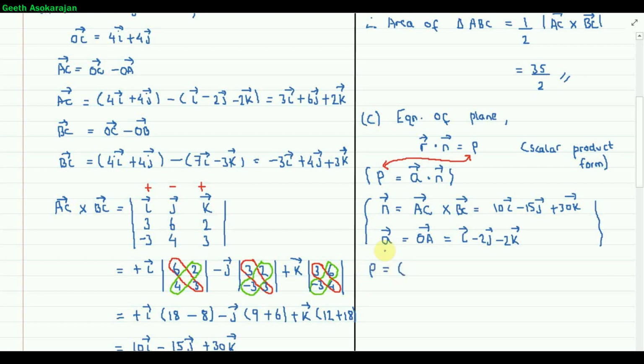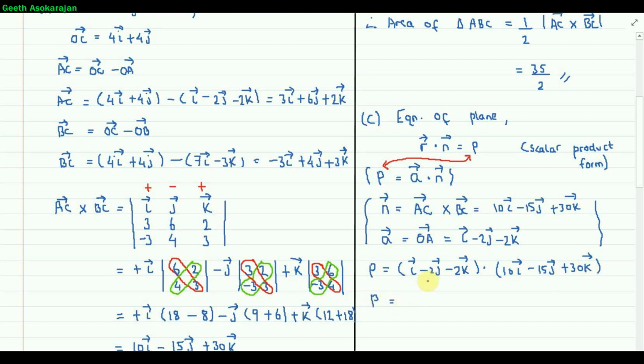So P, with A in this case being i minus 2j minus 2k, dotted with, so we're taking the scalar product of that with N, which is 10i minus 15j plus 30k.